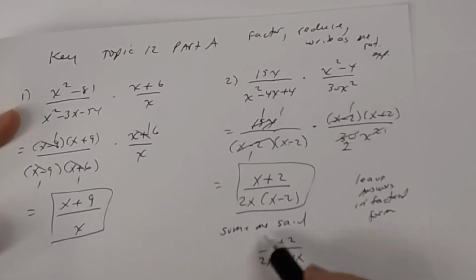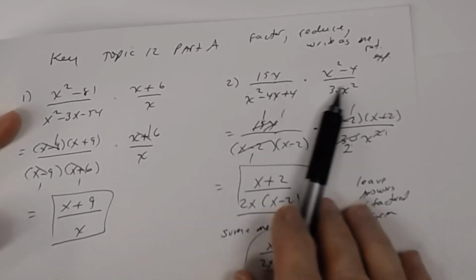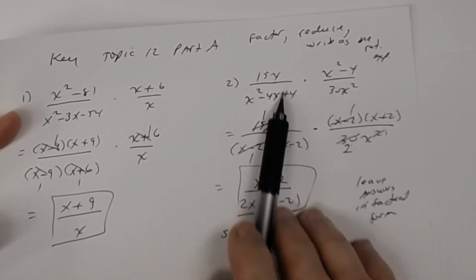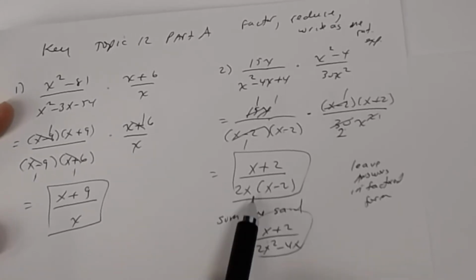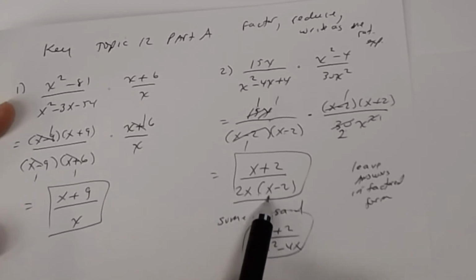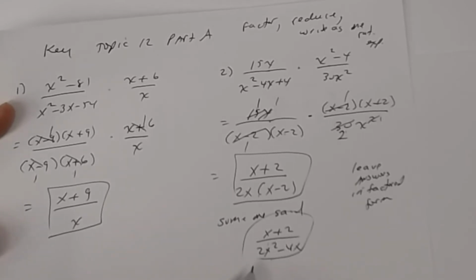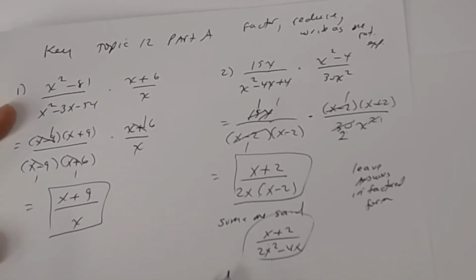That's still correct. You simplified this product into this, but leave it in factored form, because if you multiply it out and there's an error, even though this is correct and you made an error, you don't get full credit, because every statement you write has to be mathematically correct.